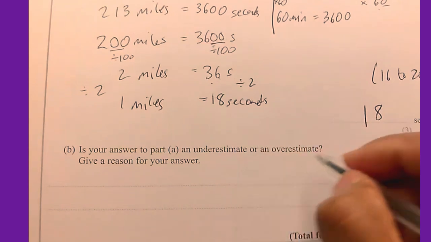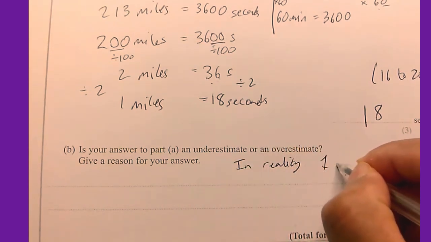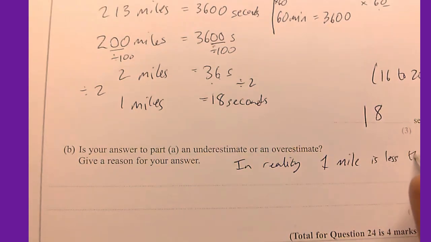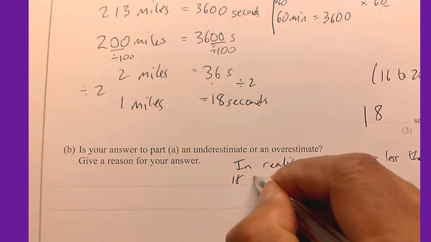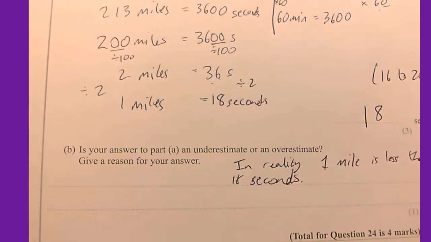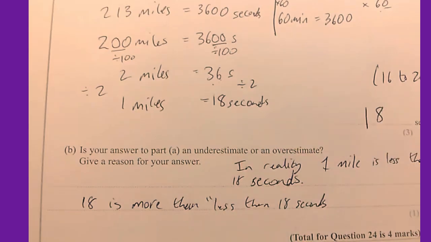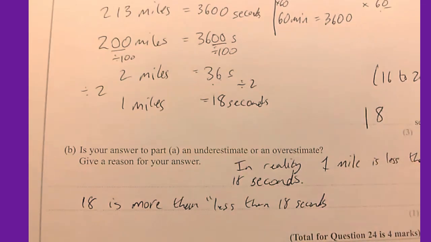So in reality, 1 mile is less than 18 seconds. Let's say it was 17, for example, just for argument's sake. So 18 is more than 17, that makes sense. In reality, 1 mile is less. So my answer is an overestimate.